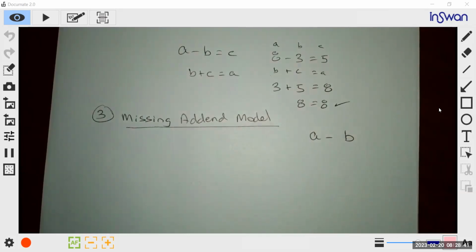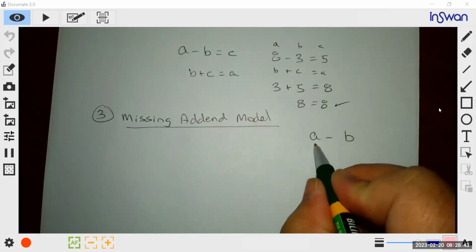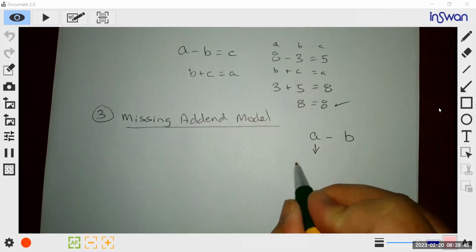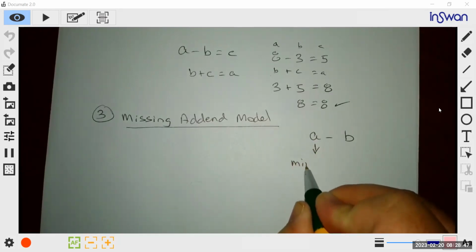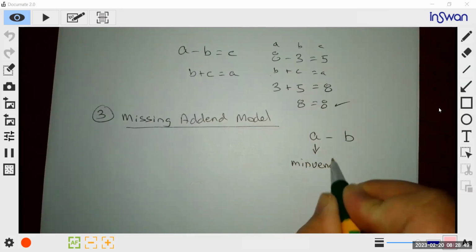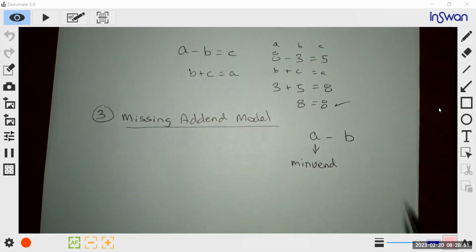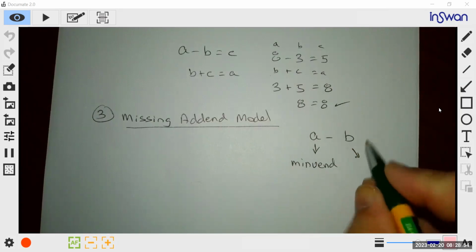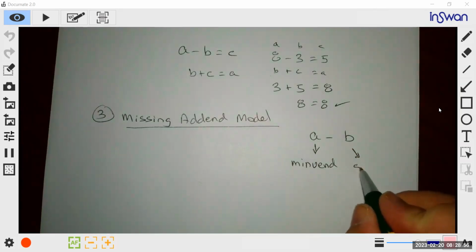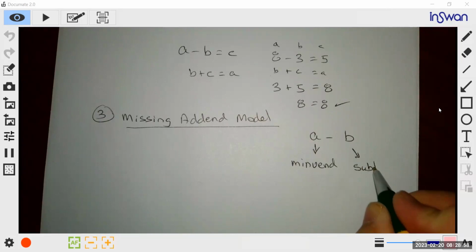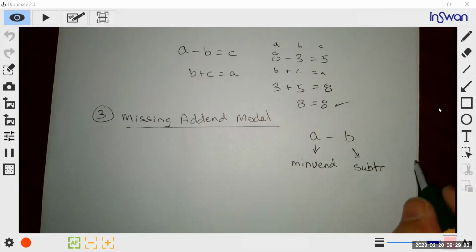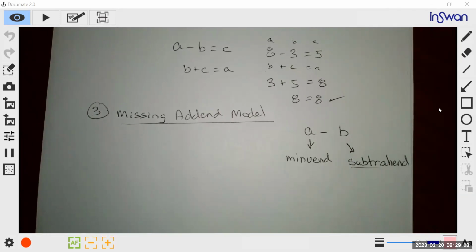In A minus B, A is called the minuend. B is called the subtrahend. Subtrahend.